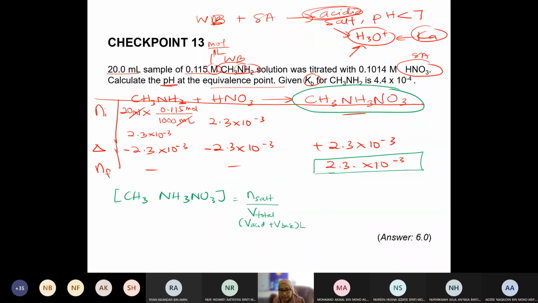Alright, so the mole of salt is 2.3 times 10 to the power of -3. The V of base we have it already. Volume for base berapa? 20 mil.